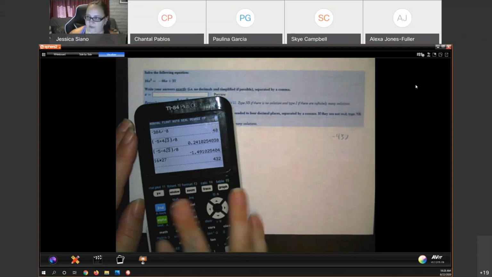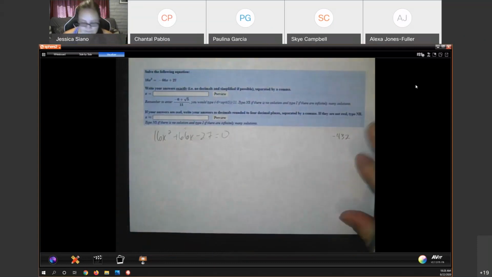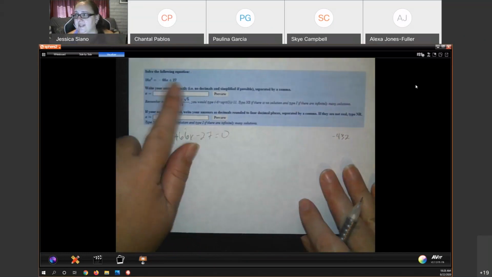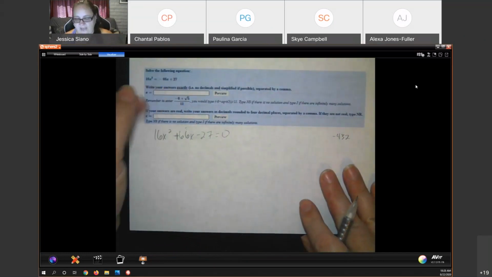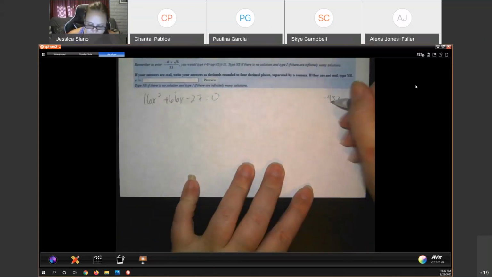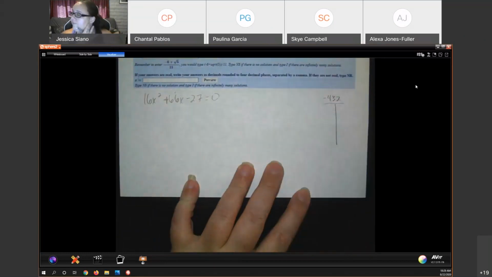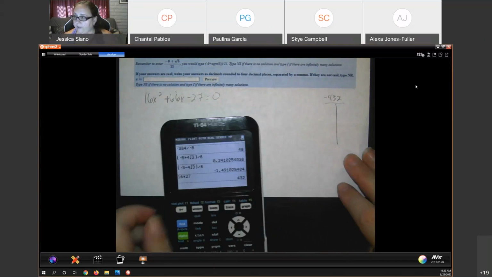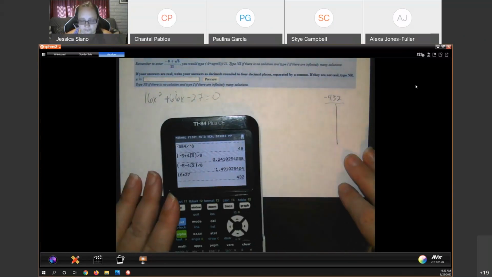It was negative 27. Right, because I took this and moved the 66 and the 27 over. You always want to keep your a term positive, whether you're using the quadratic formula or factoring, because everything goes wonky if your a is negative. You get the same answers, but it's harder.